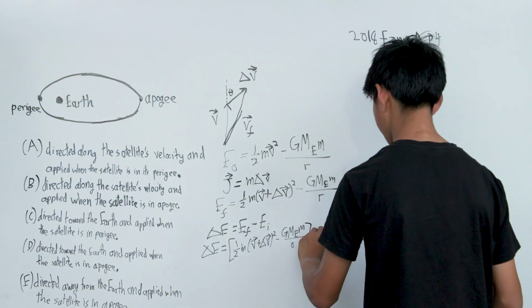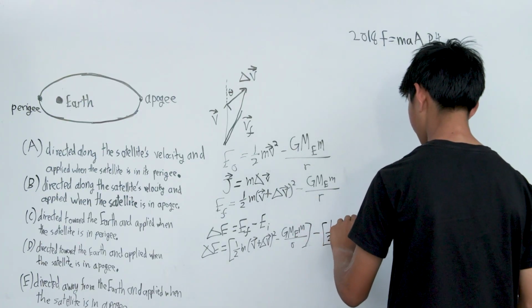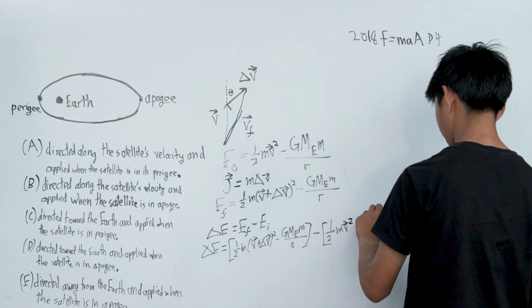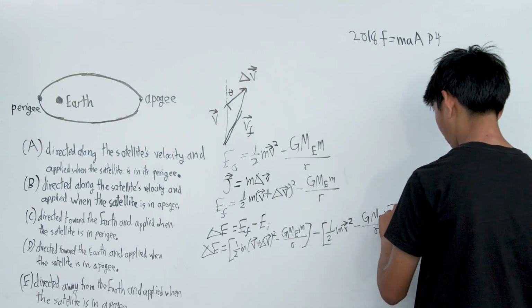And then we subtract the initial energy, which is 1/2 mv squared minus G m sub E times m over r.